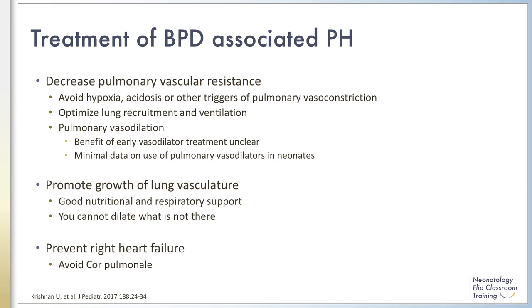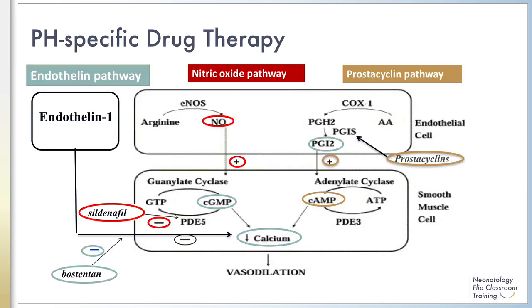To achieve any of these components, the most important thing to do is to provide adequate support to these infants first. This means adequate respiratory support and good nutritional support. Without a well-ventilated lung and healthy growth of pulmonary vasculature, simply putting the baby on multiple vasodilators will not help, and sometimes can cause more hypoxemia by worsening the VQ mismatch. This graph demonstrates the currently available vasodilators that are commonly used in the treatment of pulmonary hypertension.